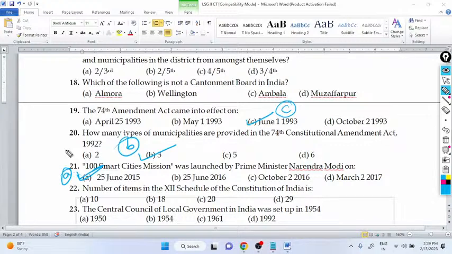The Union Ministry of Urban Development and Employment is responsible for the operation of the Smart City Mission. Every year, thousands of crores or lakhs of crores of rupees are sanctioned in the budget. That is the thing. Okay. So that is 21.